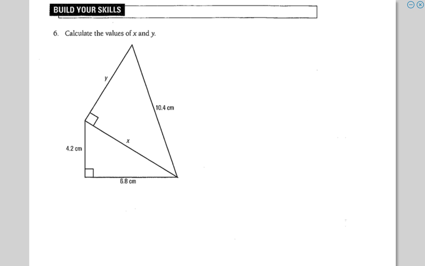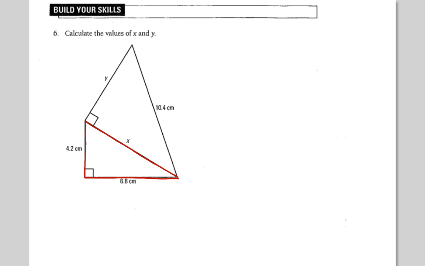Okay, so let's start with number 6. So it's a two-triangle question. Doesn't happen that often. But what I would recommend if you have two triangles is I would try to highlight one triangle at a time. So I got one triangle in red there.